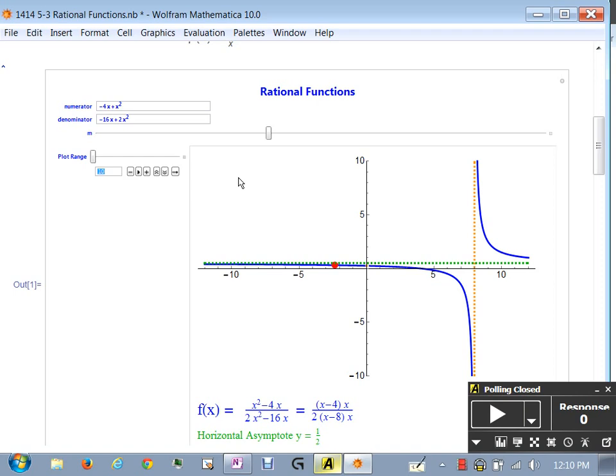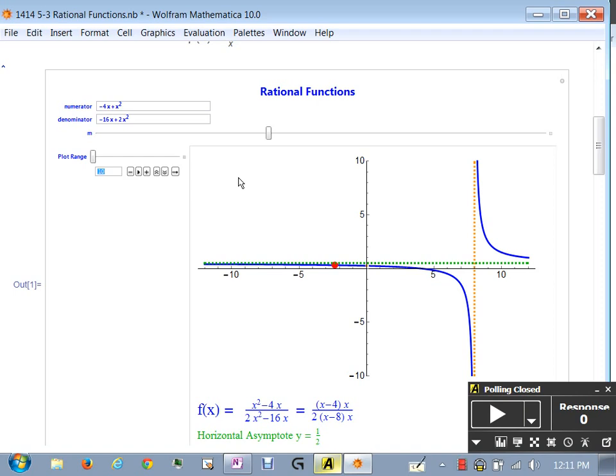So if you make this factor 0, you plug in 8, right? But what about this x right here? We should have, I mean, if we follow what we've been saying, we should have another vertical barrier at 0, shouldn't we? Do y'all see that? Why don't we? Do you see something else? I'll see if anyone catches it.